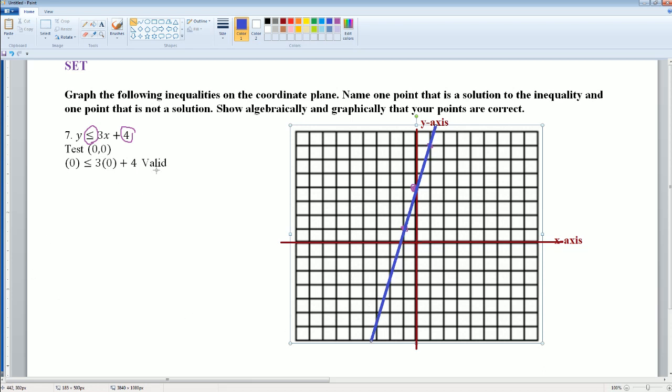Alright. Then 0, 0. I will shade on what side? The side of truth. 0, 0 is a valid answer. So it is shaded all the way on that side. So anything in this area would be valid.